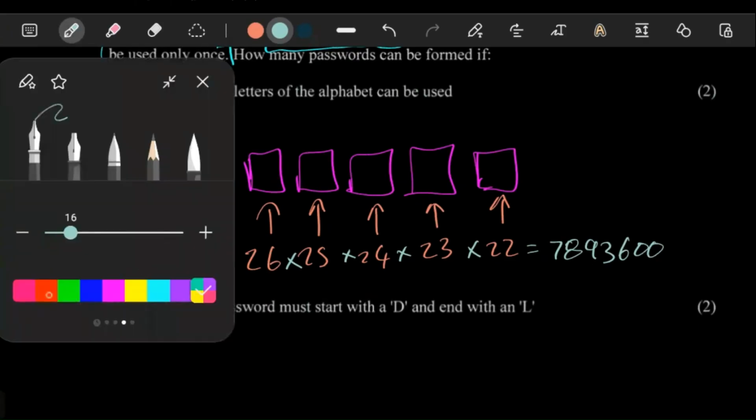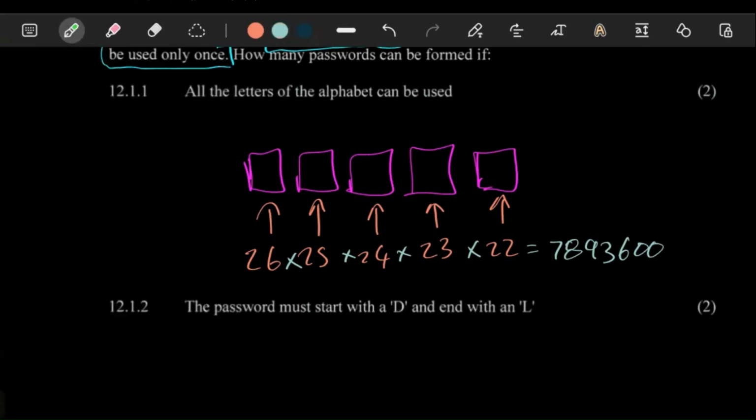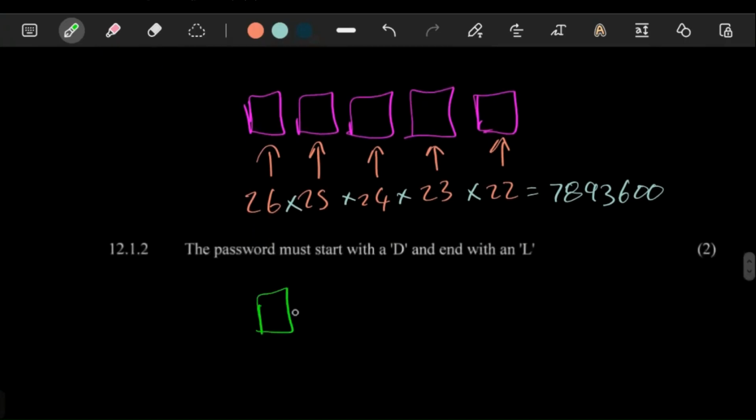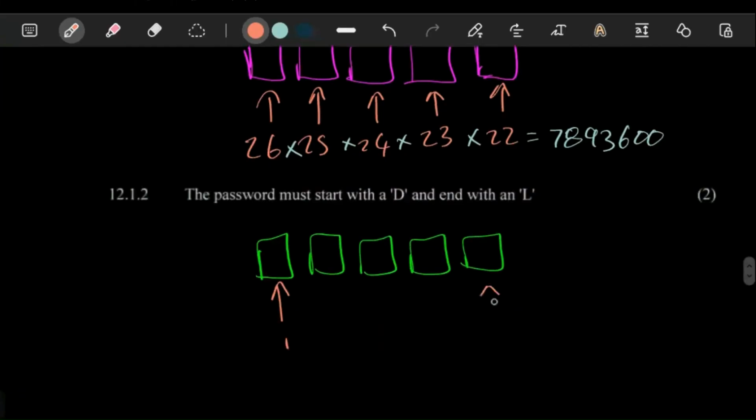12.1.2. The password must start with the letter D and end with the letter L. So all you do is, you see there are 5 letters. If it must start with D, there's only one option in the front. If it must end with L, there's only one option at the end.